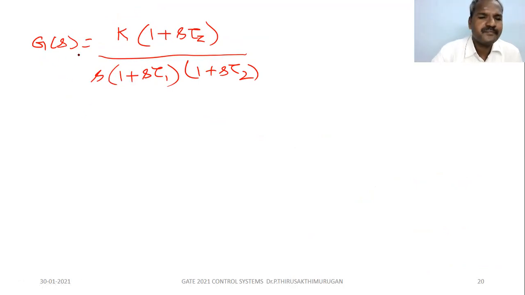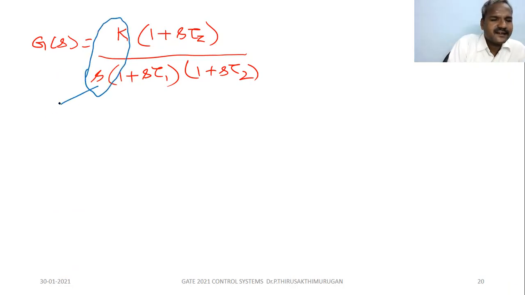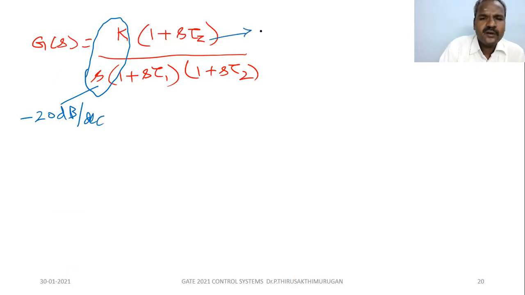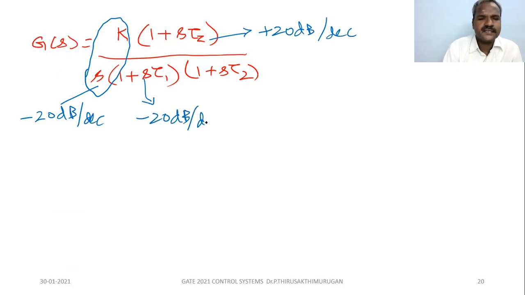See, this is one factor. This factor contributes minus 20 dB per decade. This is one zero, plus 20 dB per decade. Right? This one pole, minus 20 dB per decade slope change. So this is also minus 20 dB per decade.